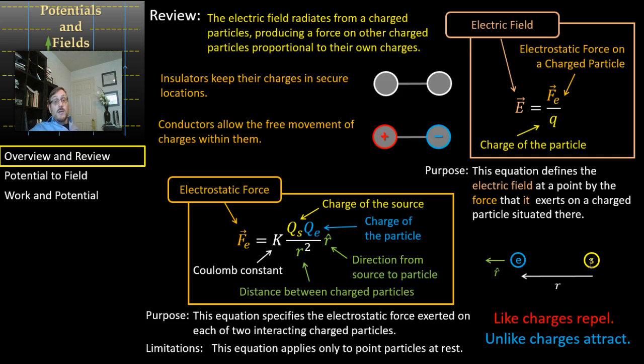So if we reverse this, put the source over here and the electric charge over here, R would be in the opposite direction. And this is quadratic in the distance between them. We had to go all the way back to Coulomb and his experiment to figure out the R squared thing.